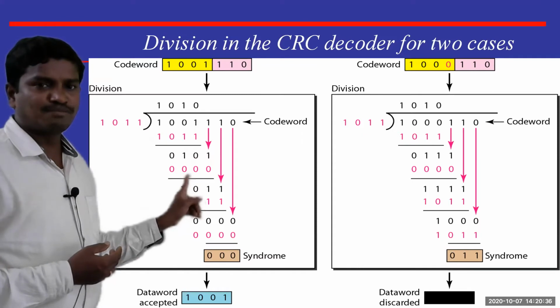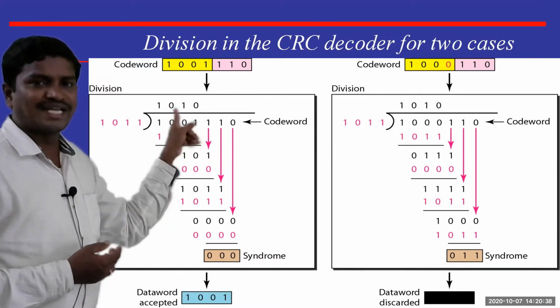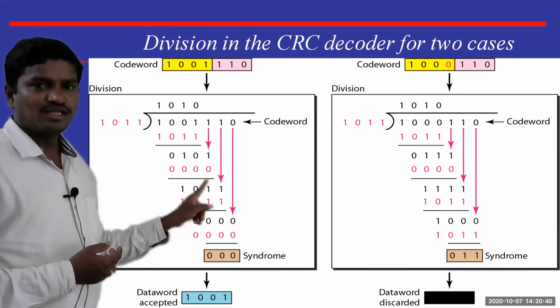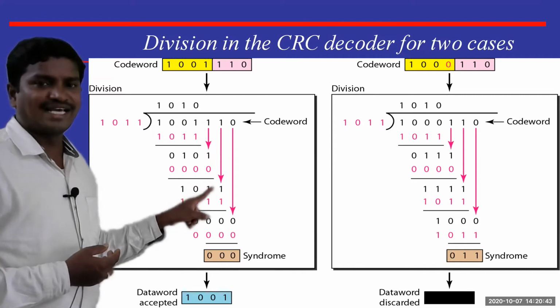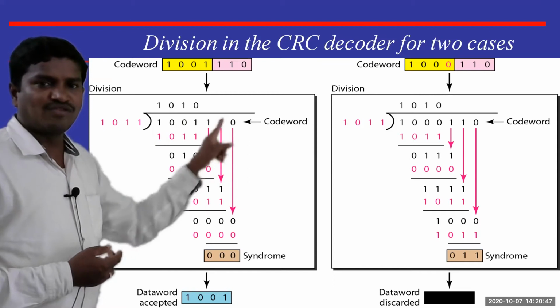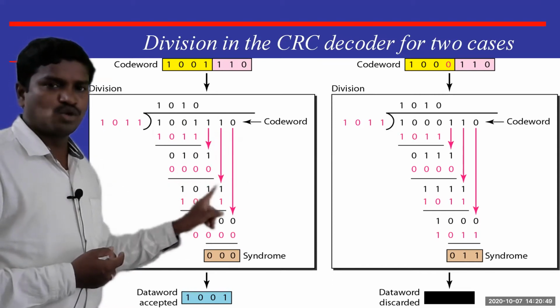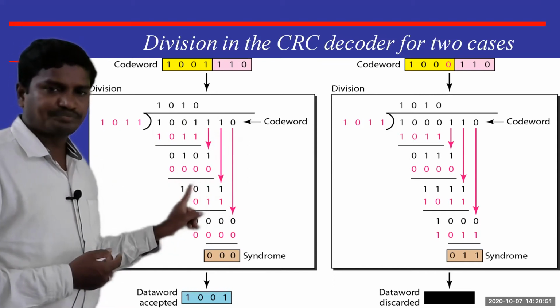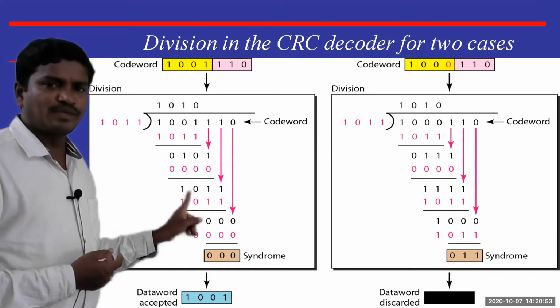In that case we substitute zeros by placing quotient as 0. So the divisor is 0. Again you do the XOR, then you will get 101 and take 1 from the code word, then you got 1011. Now if you observe this part, the leftmost bit is 1.